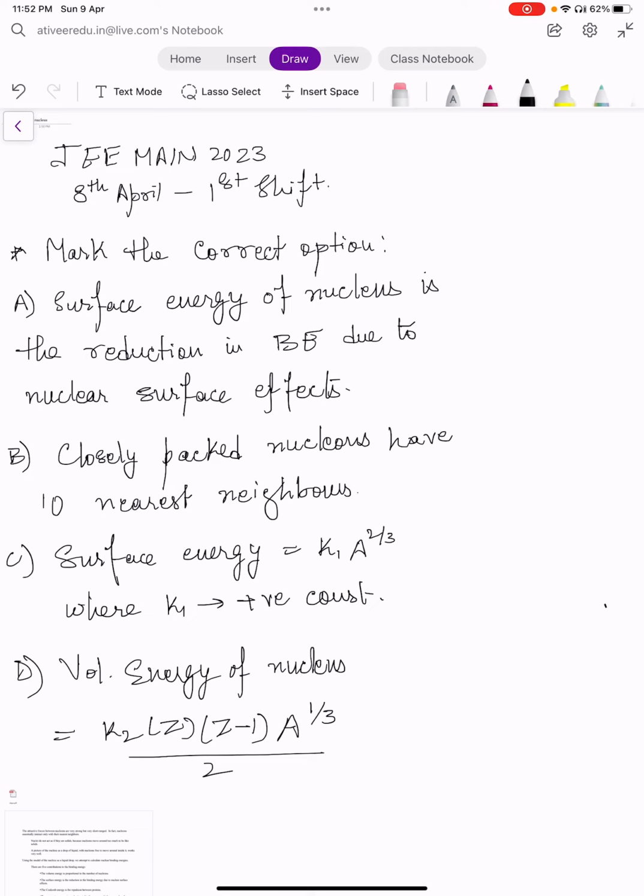But from the +2 level, at the entrance level like JEE Main, this is well outside our syllabus.